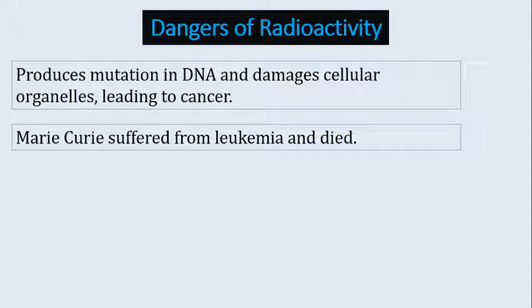Marie Curie suffered from leukemia and died, and most scientists think that the cause of leukemia of Marie Curie was her uncautious handling of radioactive isotopes.